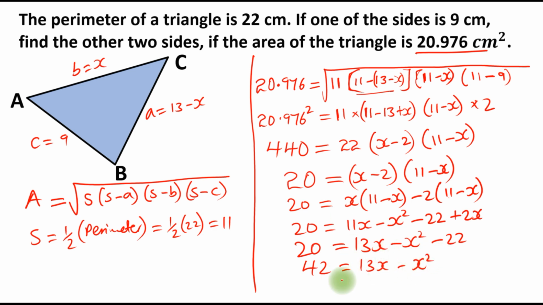So if we rearrange all of them such that it forms a quadratic equation, it will be x squared minus 13x plus 42 is equal to 0. So we have formed a quadratic equation, and therefore we need to solve for it.